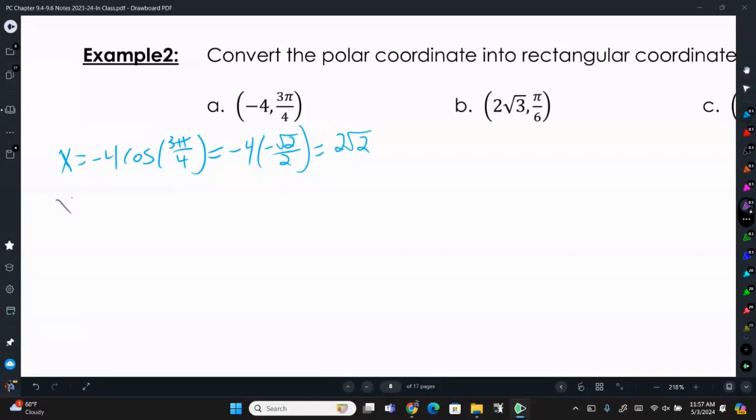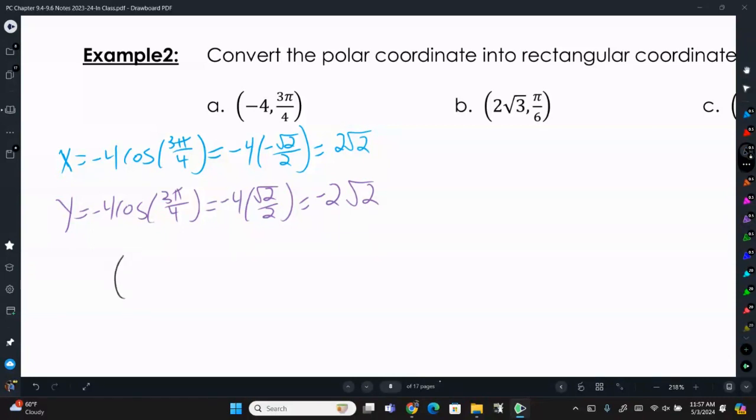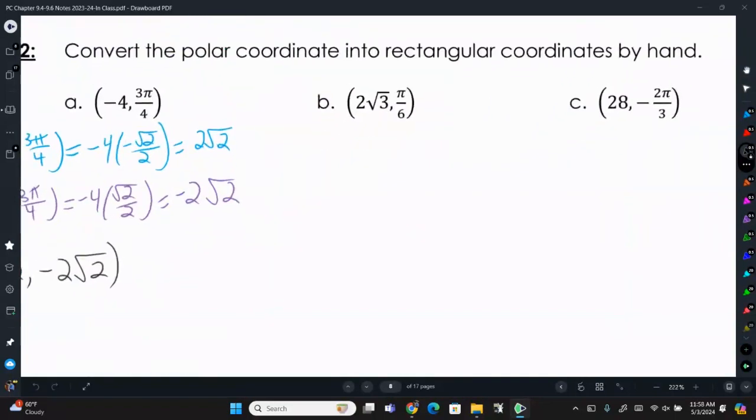And then for the y-coordinate, negative 4 times the sine of 3 pi over 4, which equals negative 4 times positive square root of 2 over 2. So that's going to leave us with a negative 2 times the square root of 2. So our x and y coordinate would be 2 times the square root of 2, comma, negative 2 times the square root of 2.